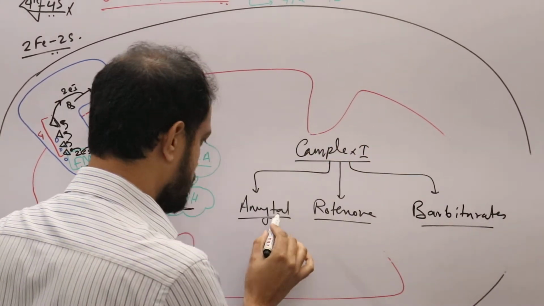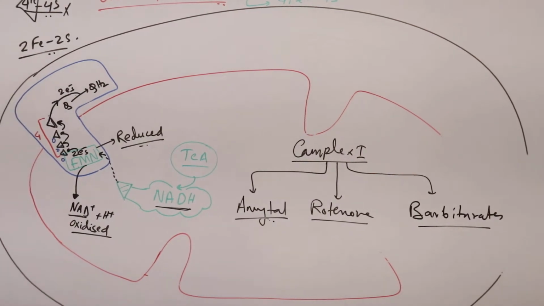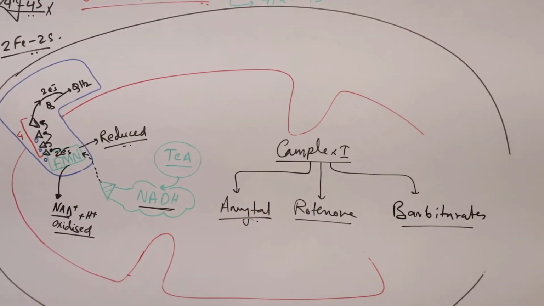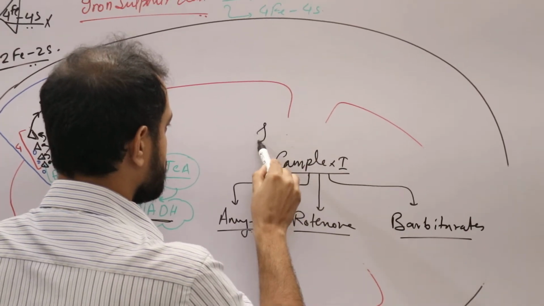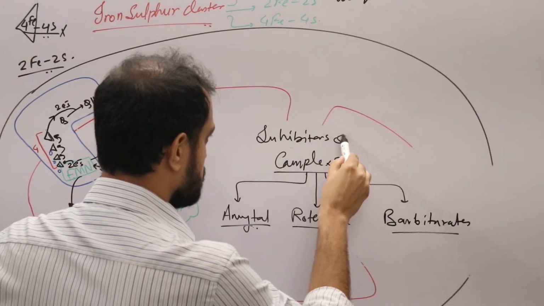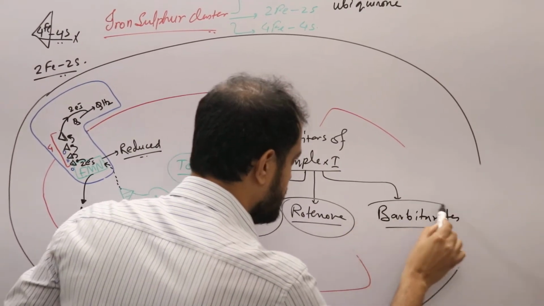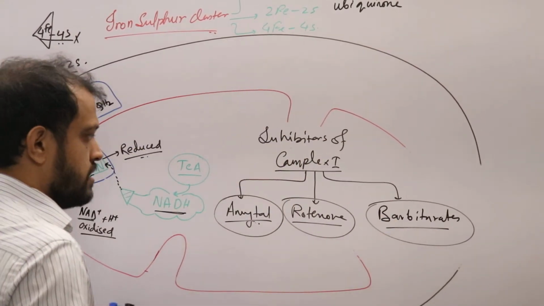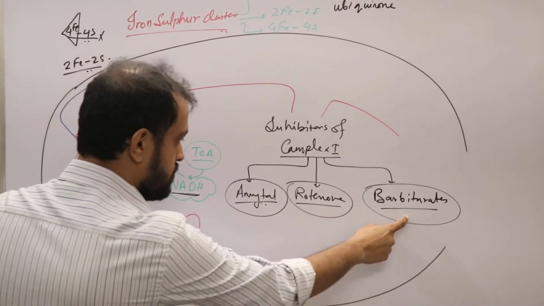These three are inhibitors of complex 1. Whenever we are discussing inhibitors of complex 1, we should discuss this, right? In many exams, you are asked the mode of action of rotenone, barbiturates and amytal.